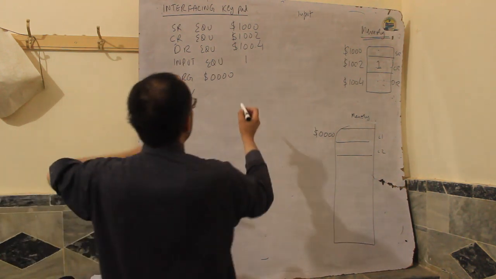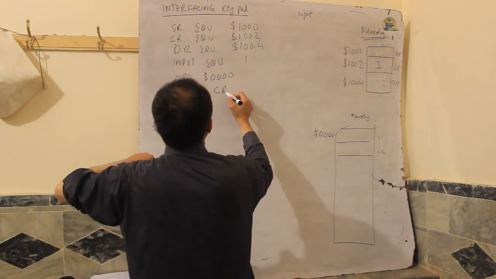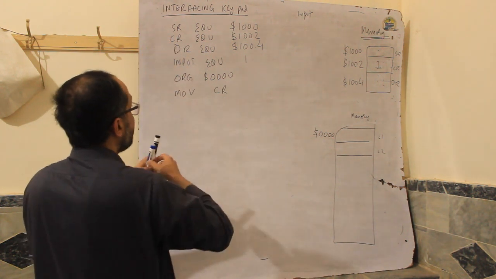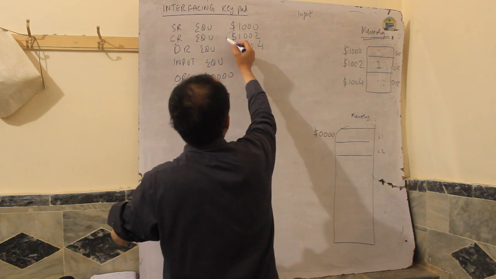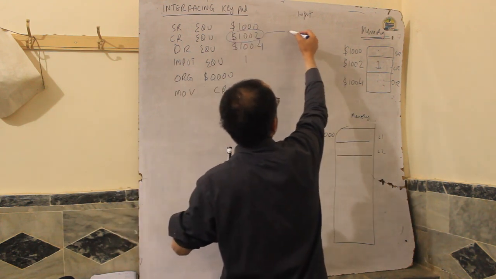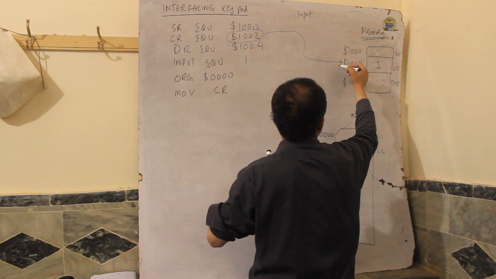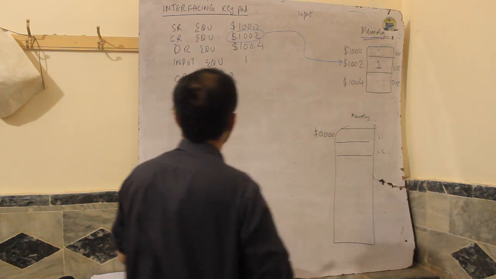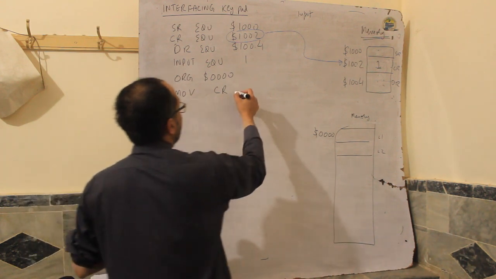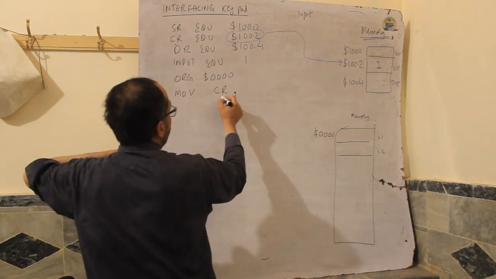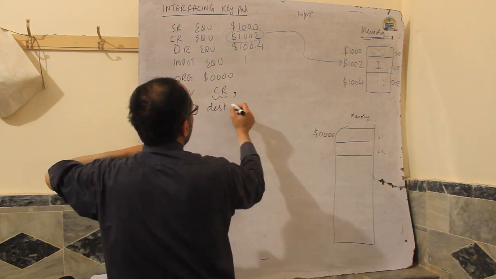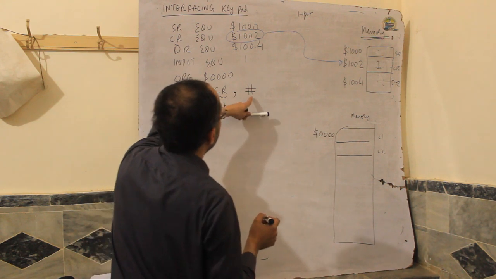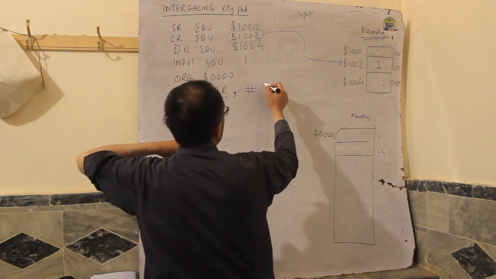So we say move CR, the control register, whose address is 1002. CR is our destination, and to initialize the value we use immediate addressing mode, so we can also write it like this: move CR, 1.